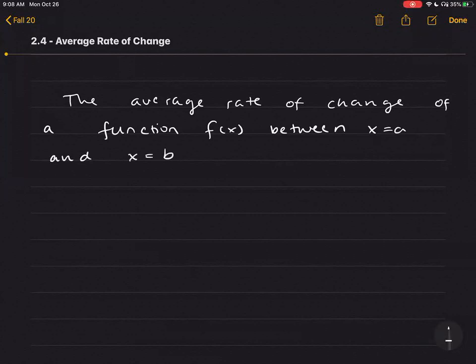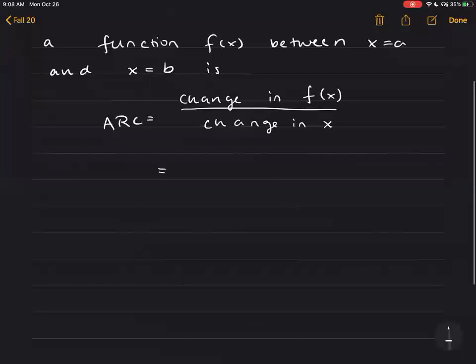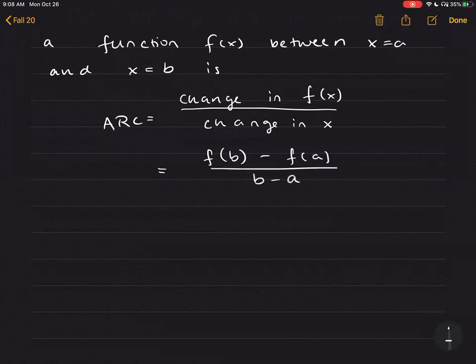So that's between 2 points a and b, is given by the formula. I'm going to use ARC as sort of a shorthand for average rate of change. That's going to be the change in f of x over the change in x. In actual symbols, that's f of b minus f of a over b minus a.